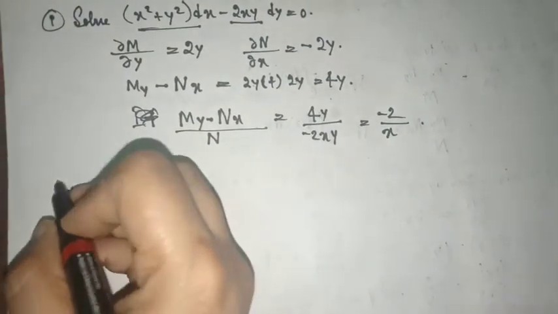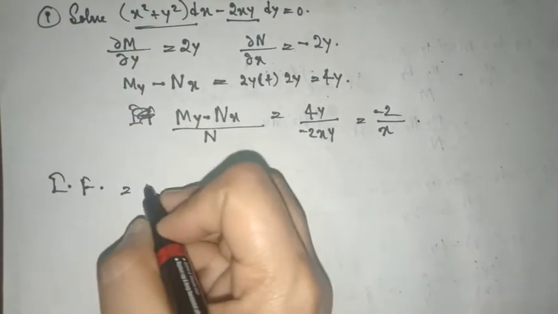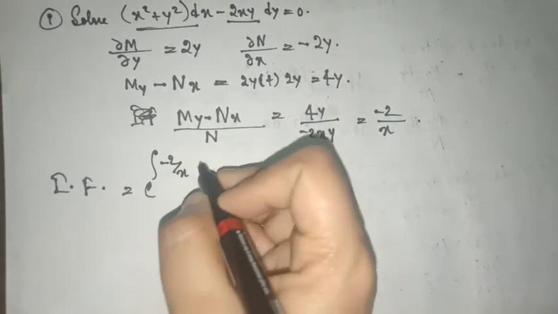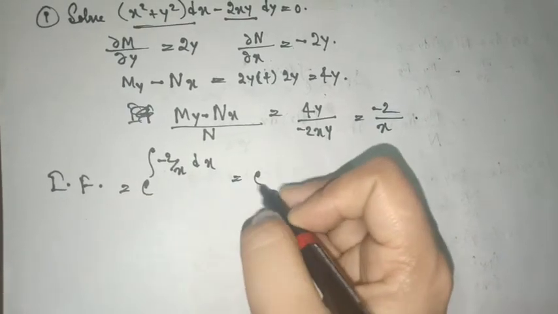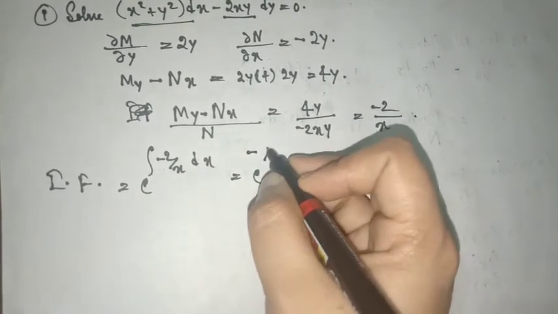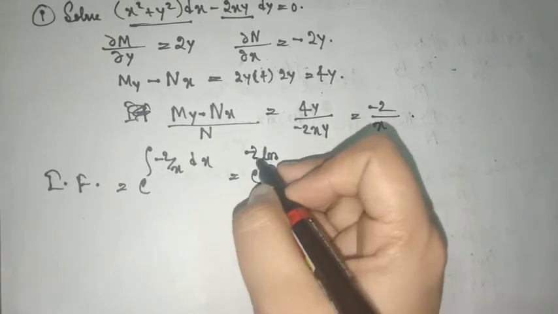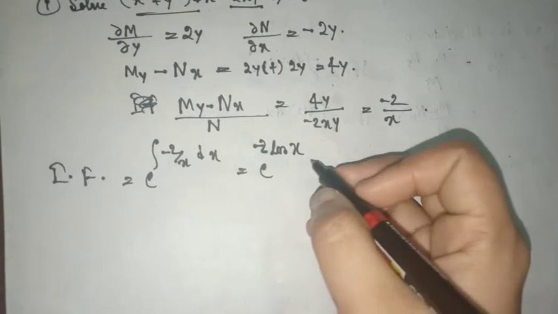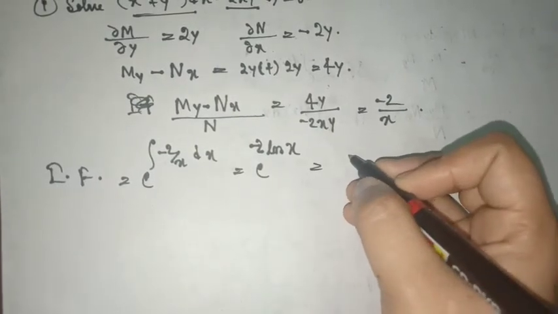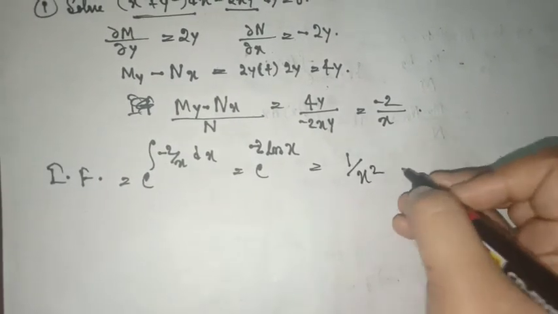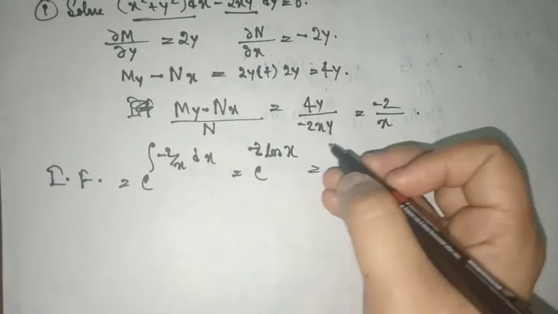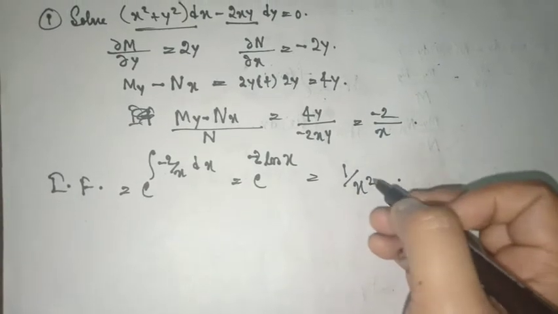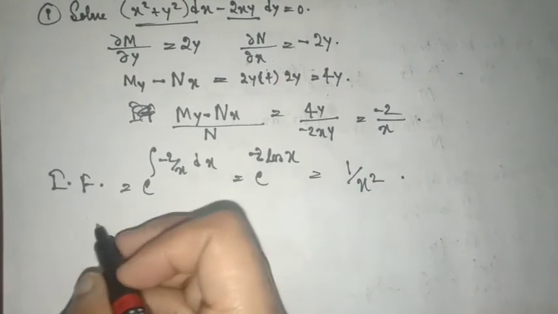So now the integrating factor is e to the power f of x dx, which is equal to e to the power minus 2 ln x. Alright, so this can be written as 1 by x square, because when this minus 2 is taken over here, this becomes ln x to the power minus 2, that is equal to 1 by x square. So this is the integrating factor.